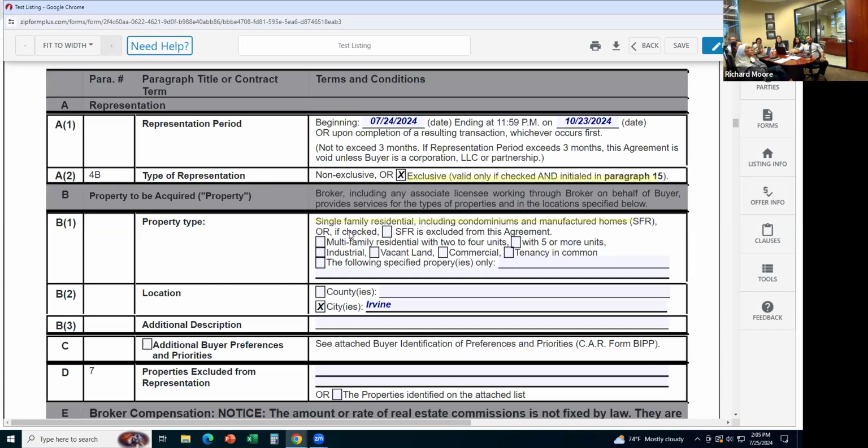B1, property type. The default is single family residential, including condominiums and manufactured homes. Is this 3 months or is it 90 days? Well, it says 3 months right here. Whether it's 28 days or 31 days, it says 3 months.